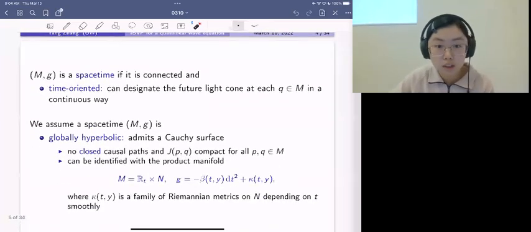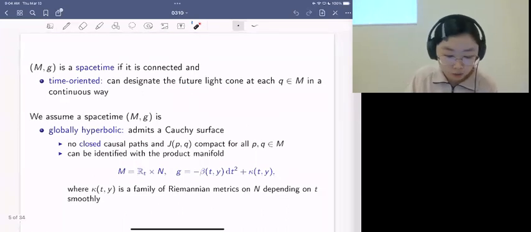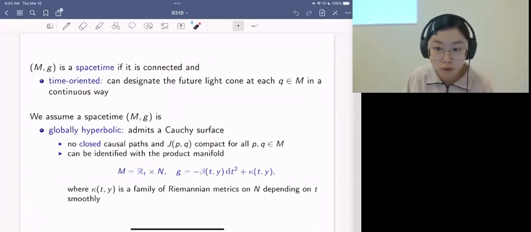In this talk, we consider Lorentz manifolds which are connected, time-oriented, and globally hyperbolic. We say a Lorentz manifold is time-oriented if we can choose the future light cone at each point in a continuous way.